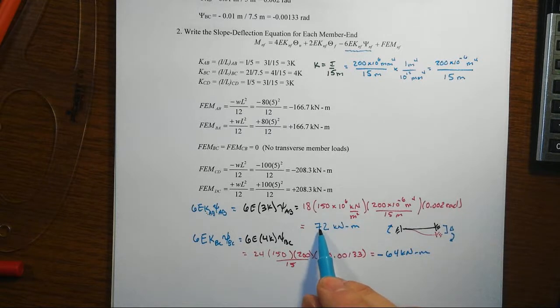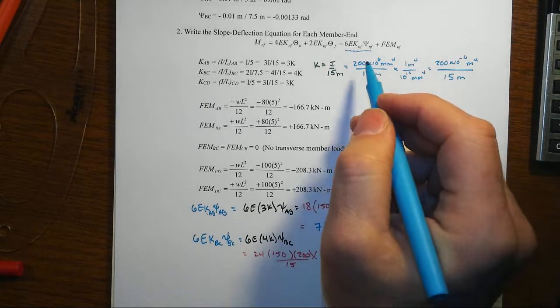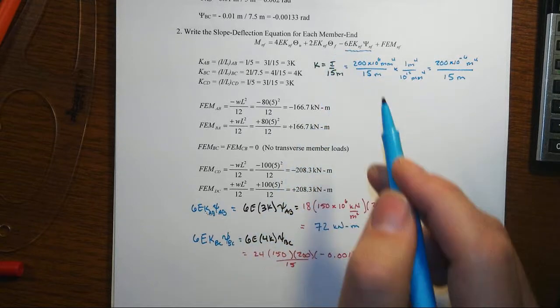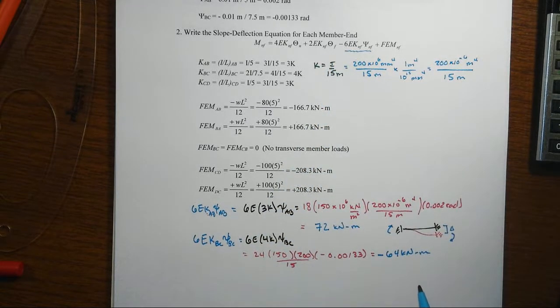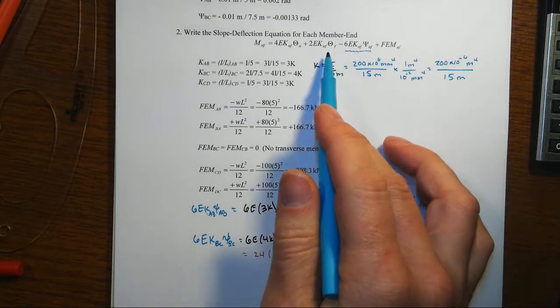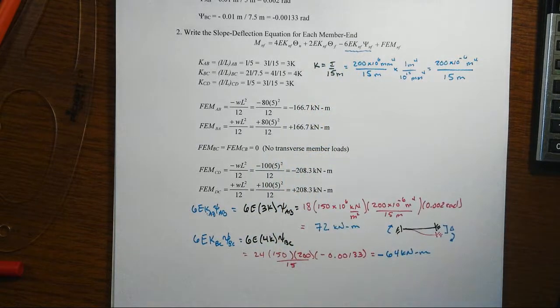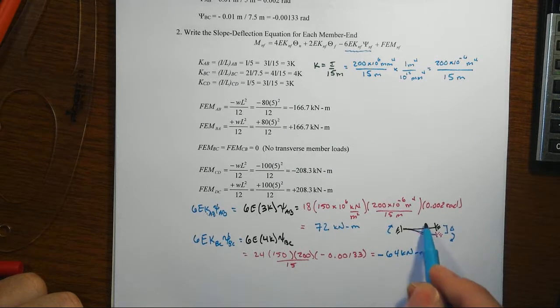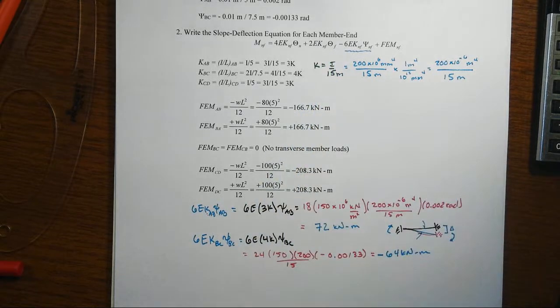And you say, well, but that says plus 72, and that's not the way it works. It doesn't have to be opposite. Guess what? We take care of the minus sign right there. So that's a little weird and a little flip-floppy, and you have to be a little careful on how you think about all that. Some people would have put the minus sign in a different place and would have handled this in a little bit different kind of way. This is a positive chord rotation, right? Clockwise chord rotation, and you end up actually with counterclockwise moments. And again, that's where the minus sign shows up there.